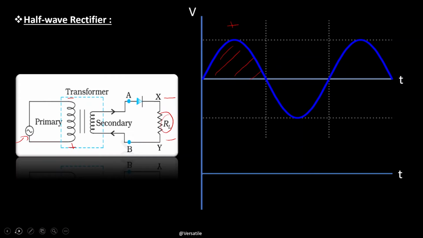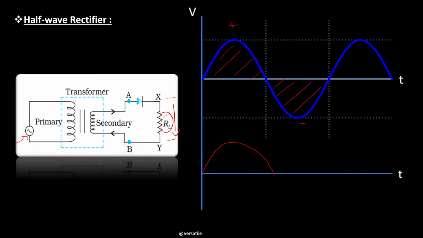Now due to Lenz's law, this side will become positive and this side will become negative, which means the diode is forward biased. So thus the diode conducts and current flows in the direction x to y through the load resistance RL. So during this first cycle we'll get output.